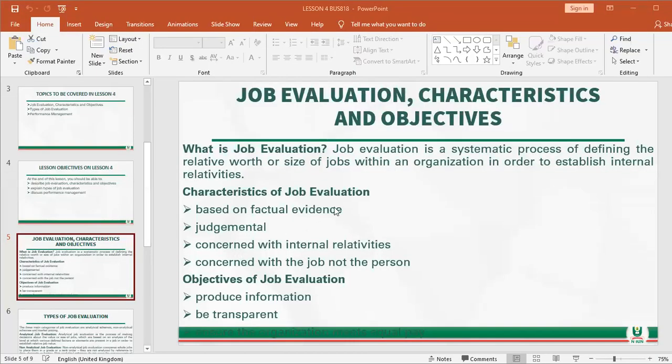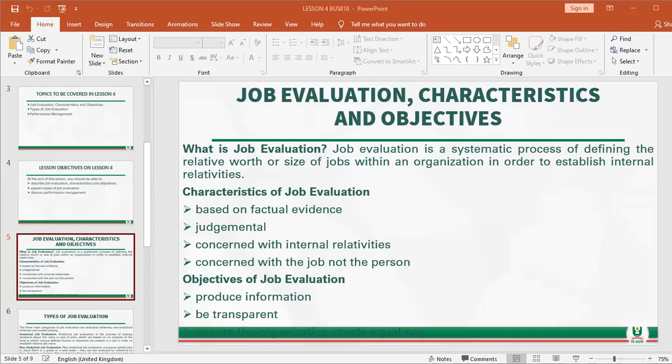So we move on to the objectives of job evaluation. Under one of the objectives, we have produce information. So here, they produce information required to design and maintain equitable and defensible grade and pay structure.